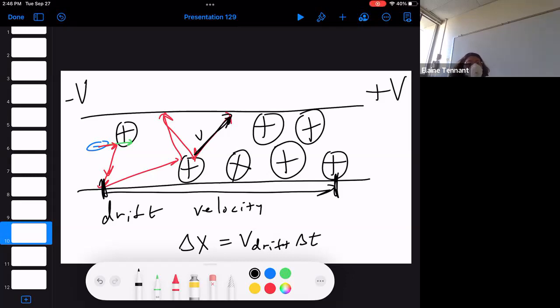Decrease, right? Because the more objects that these electrons have to get around, the less fast they're going to make it to the bottom of this wire. Okay, that's where resistance is going to come from. So resistance is this idea that some materials inherently have more blockages than other materials.